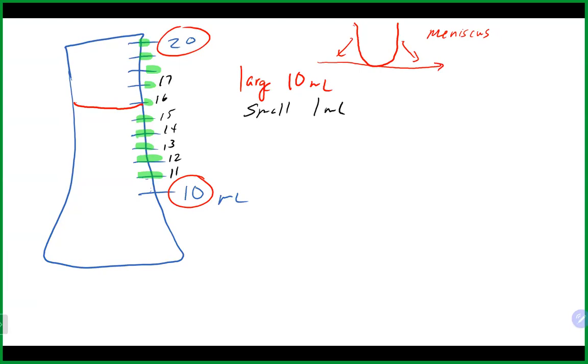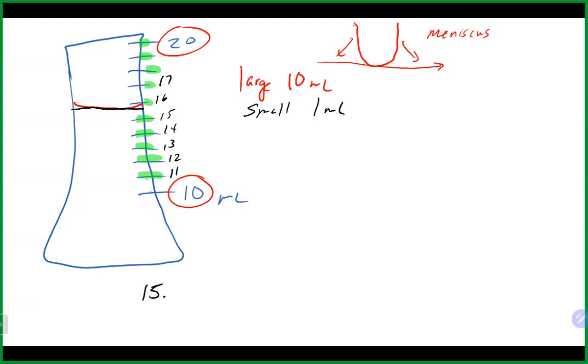So once again here, we would look for our meniscus. And depending on the piece of glassware you're using, sometimes it's easier to see than others. If you're using a beaker that has a really wide opening, it's going to be pretty spread out. If you're using more of a graduated cylinder, you'll be able to see it a little bit better. When we look at this, everybody should agree it is at least 15.